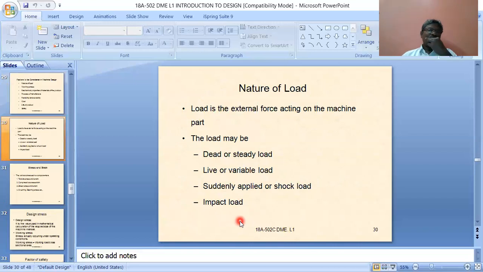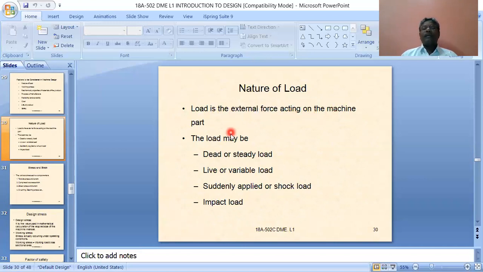Nature of load. Generally, what is meant by load? Load is nothing but the external force acting on a component or the product or the body. So external force acting on the machine part is called a load.